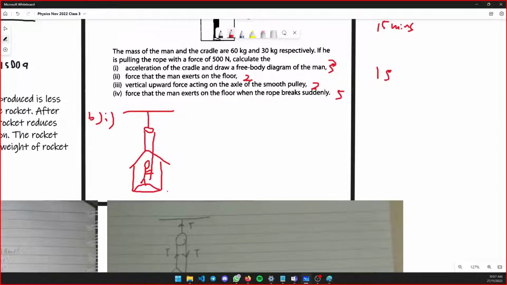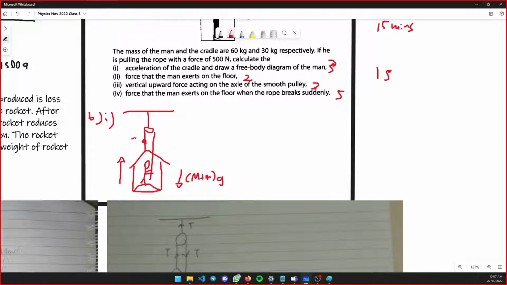Just think of that as the floor. So there is a tension up, and there is the weight component, M plus m times g, downward, and an acceleration upward.